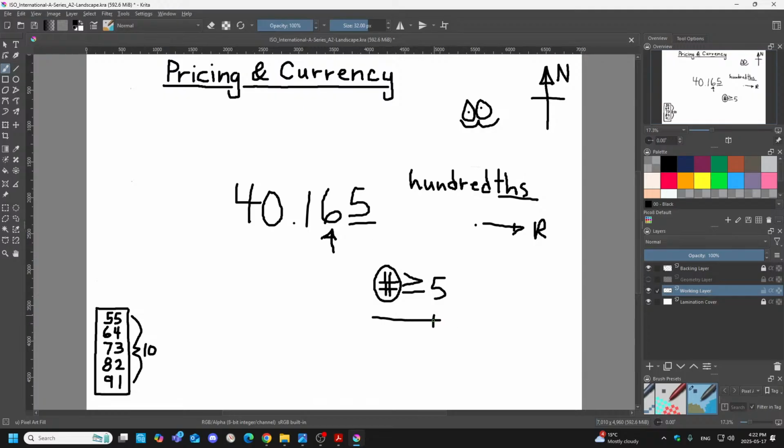That's what I'm trying to get at here, without confusing you. And you round up. So that means our answer is going to be 40.17.